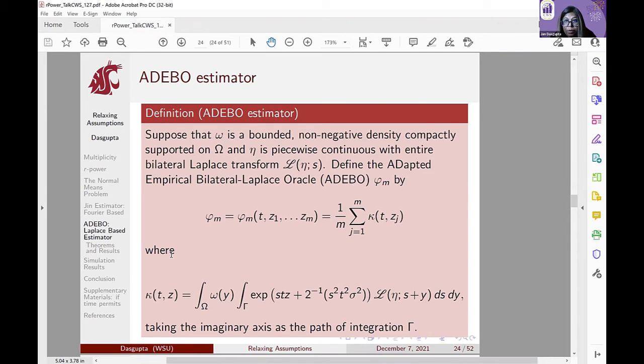After a fair amount of work, Audible came up with this technique, and we decided to call it by his name: the Adapted Empirical Bilateral Laplace Oracle. I know it should be Audible because there is Laplace in there, but we thought it would be cute to name it after him.